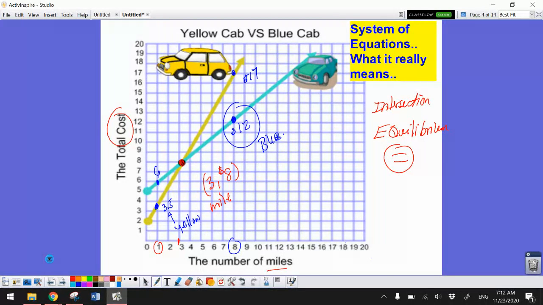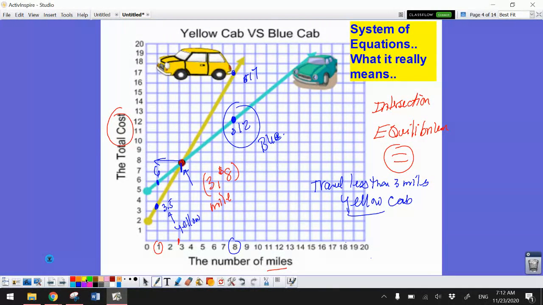Okay. So this allows us to make a couple of statements about which taxi cab I should take, or which one's the better deal. And it all comes back to the intersection point. The intersection point is at 3 miles, and if I go this way, the yellow line is the lowest. So if I'm going to travel less than 3 miles, then I want the yellow cab.